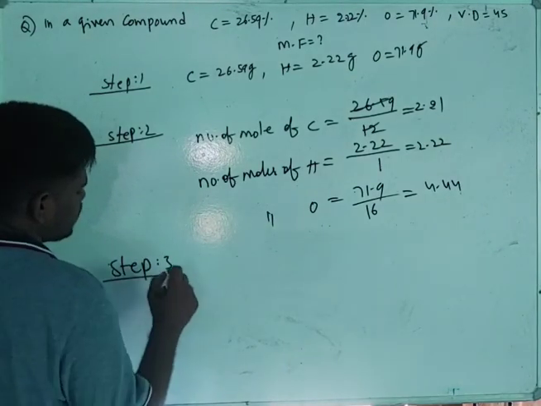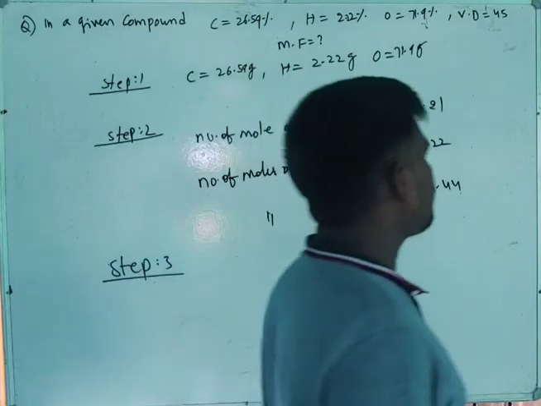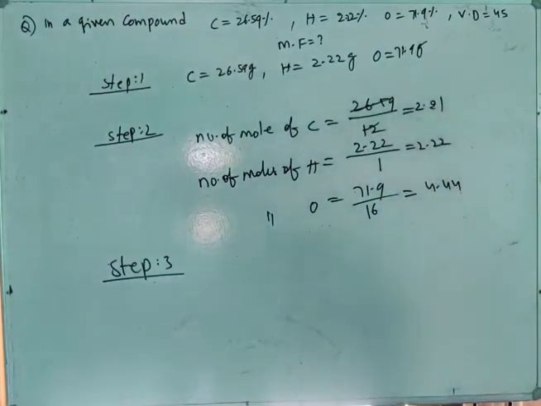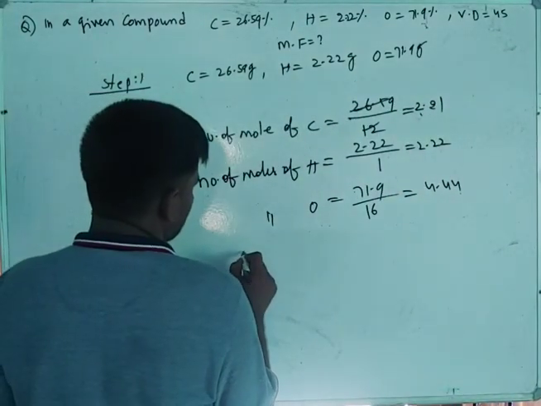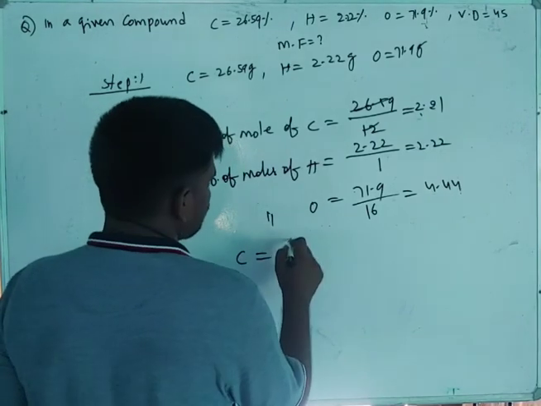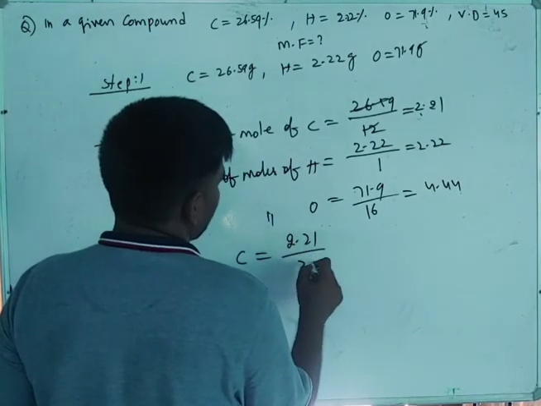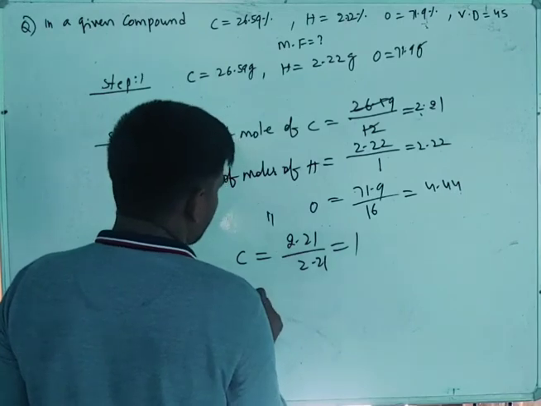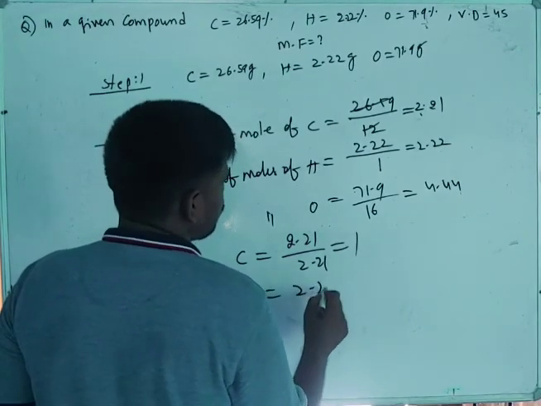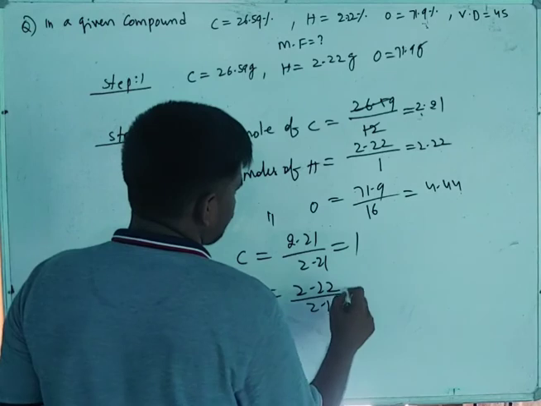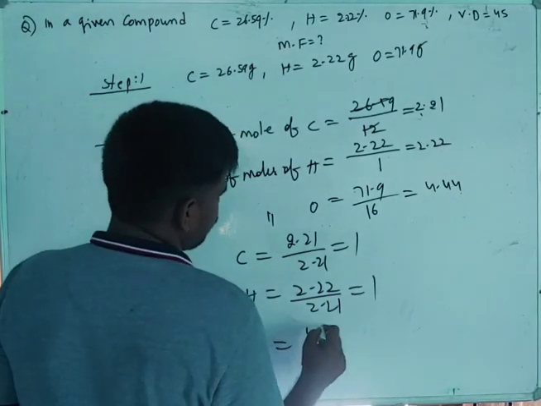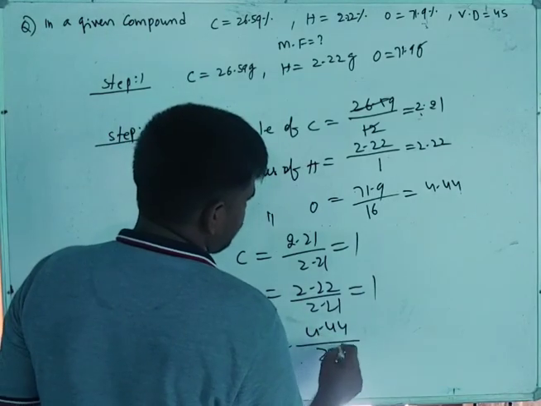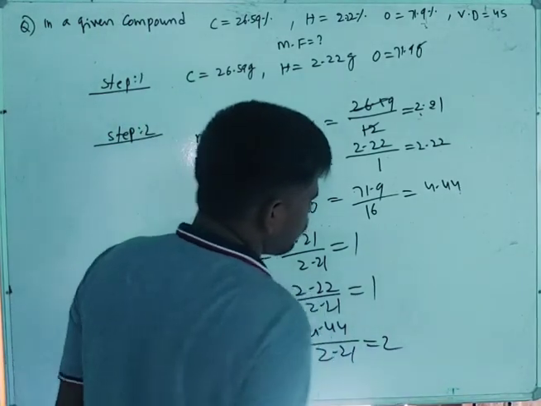In step 3, we need to divide the number of moles by the smallest value among these three. What is the smallest value? 2.21. So carbon is 2.21 by 2.21, equal to 1, hydrogen is 2.22 by 2.21, approximately 1, and oxygen is 4.44 by 2.21, approximately equal to 2.